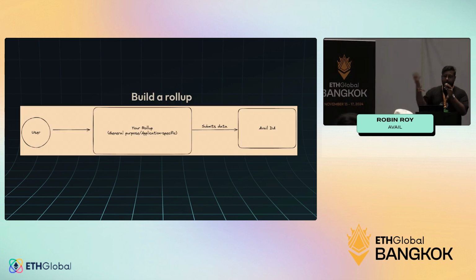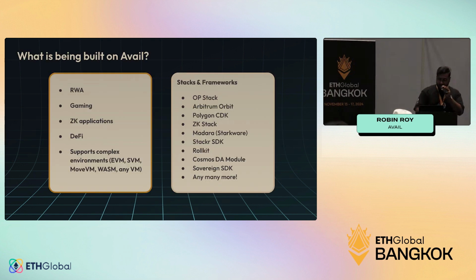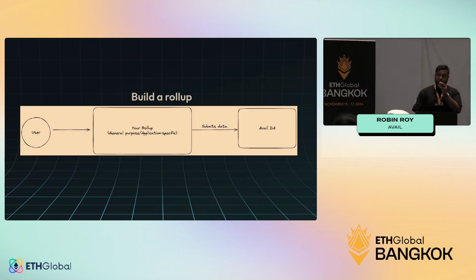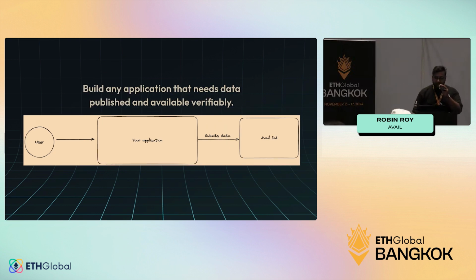So how can you use Avail in this upcoming hackathon? One, build a rollup. Building a rollup can be a general purpose chain, it can be an application purpose chain, it can be a purpose-built chain. It does not matter. As long as you're using any of the stacks that I mentioned before, you can just deploy a rollup instantly, and behind the scenes it already submits data. You don't have to worry about anything there. Now, you maybe don't want to deploy a rollup.